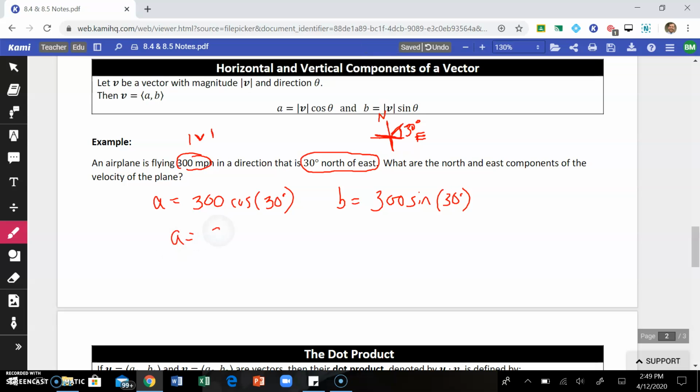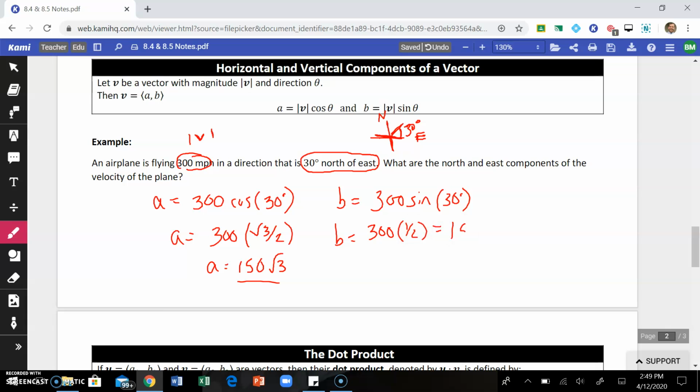So for the horizontal component, 300 times the cosine of 30 degrees, which is root 3 over 2. So if we do the 300 divided by the 2, we're going to get 150 square root of 3. You could give me the decimal equivalent there, that's fine as well. The vertical component is going to be 300 times the sine of 30, and the sine of 30 is a half.